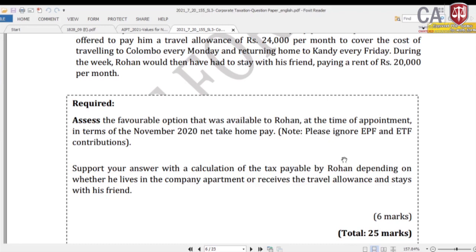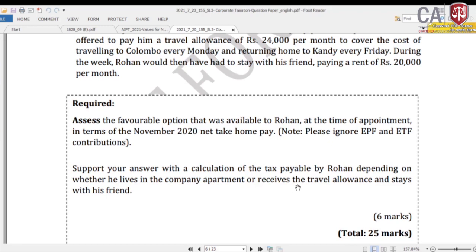Now come to this requirement: assess the favorable option that was available to Rohan at the time of appointment in November 2020 in terms of net take home pay. Note, please ignore the EPF and ETF contributions, which are terminal benefit contributions. Then support your answer with the calculation.